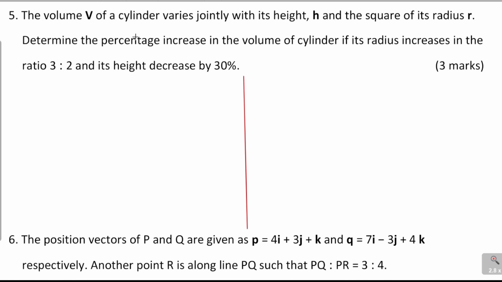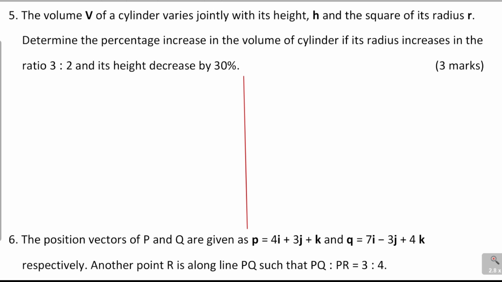Question 5. The volume V of a cylinder varies jointly with its height h and the square of its radius r. Determine the percentage increase in the volume of the cylinder if its radius increases in the ratio 3:2 and its height decreases by 30%. So this is joint variation.